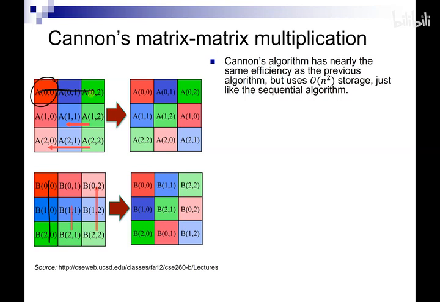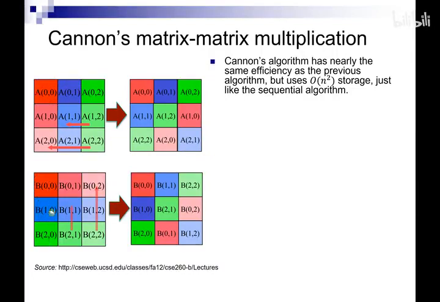Notice that when you do this, you're matching up the colors in your multiplication. You're taking the red block of A and multiplying by the red block of B, the blue part of A by the blue part of B, and the green part, green by green. So all of the colors match up.